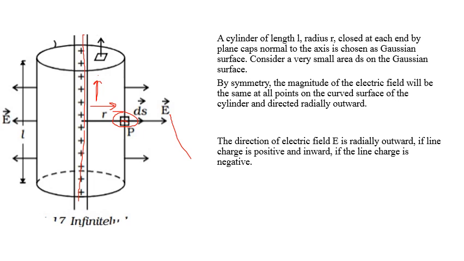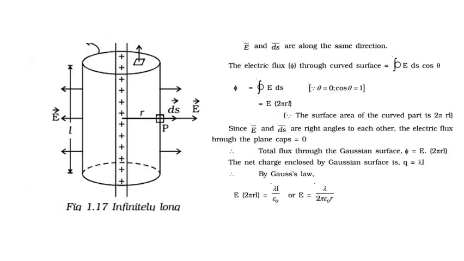I have taken positive charge, so the field should be in the radially outward direction. We have chosen a small surface element dS about P, where we want to calculate the electric field, and dS is in the outward direction.